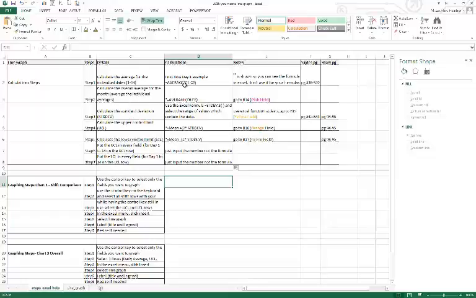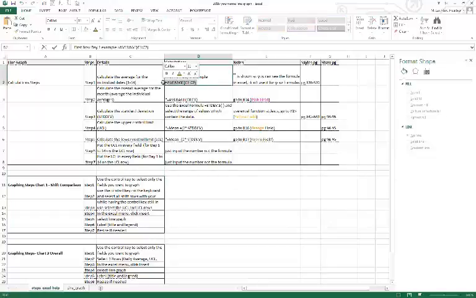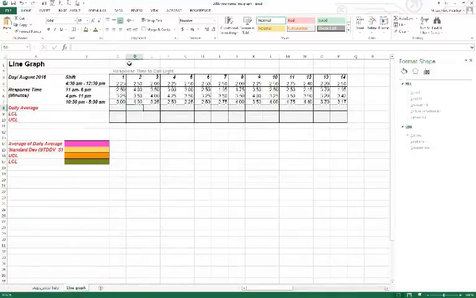First step is to calculate the average, and this is the calculation for day 1. Let's talk about that a minute. So this is day 1, so we're going to put that in there. That's C1 through C7, this row right here, and that calculates that.